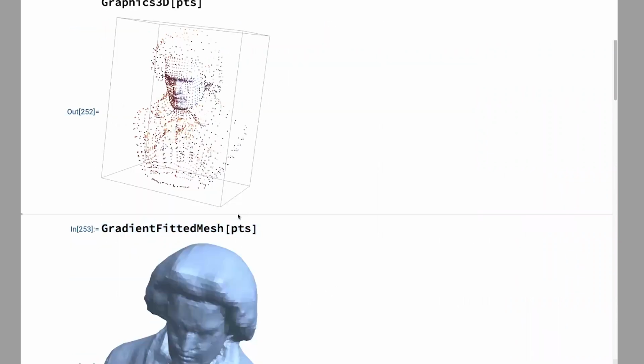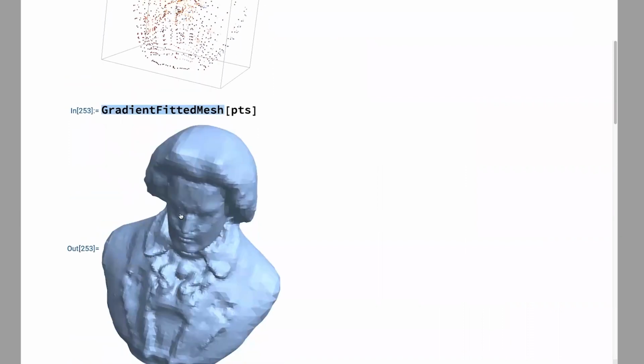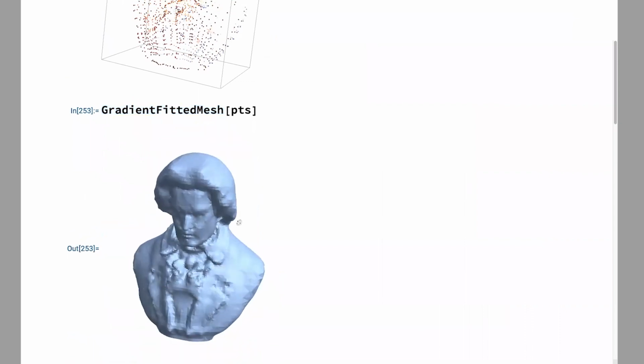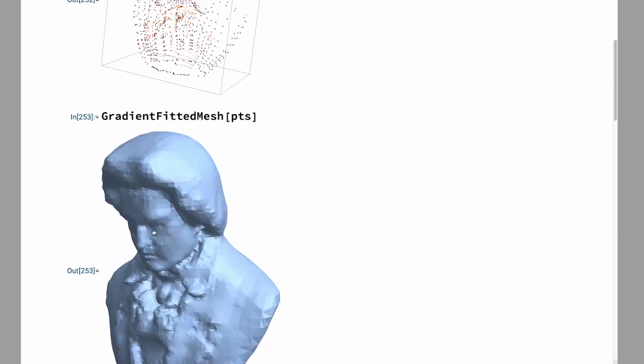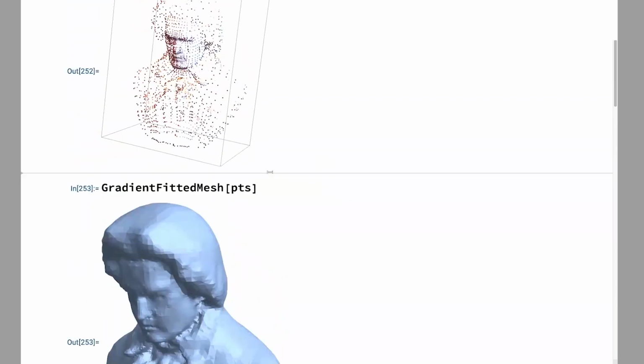For example, with 3D meshes, this one's probably a little slower. That's because it usually has to do some normal estimation itself, then the solver can take a little time, and then it also has to do the extraction at the end. Whereas ConcaveHull just runs Delaunay and then filters from there. So in general, gradient fitted is slower, but it's usually worth it. ConcaveHull is a little simpler, so it tends to run faster.